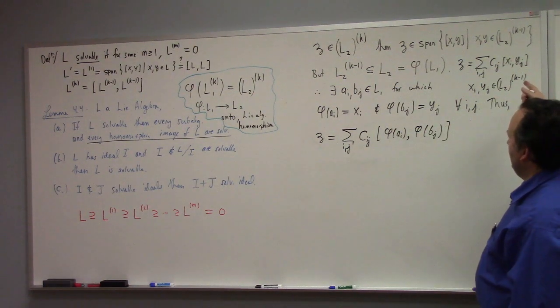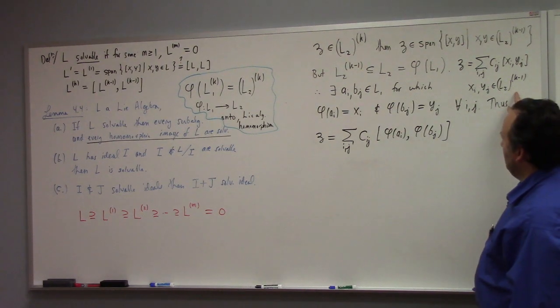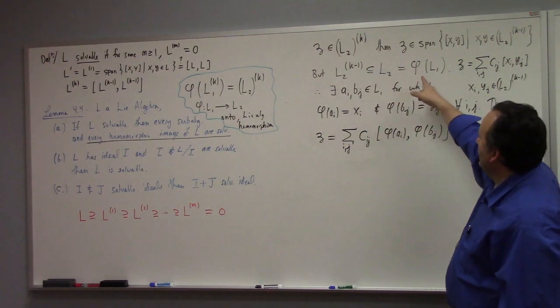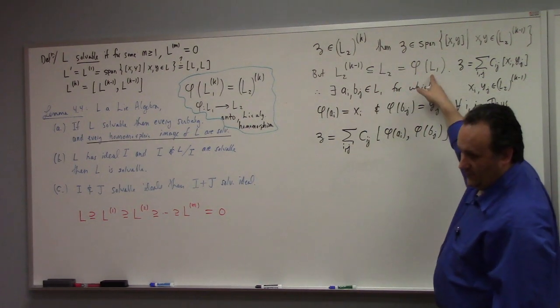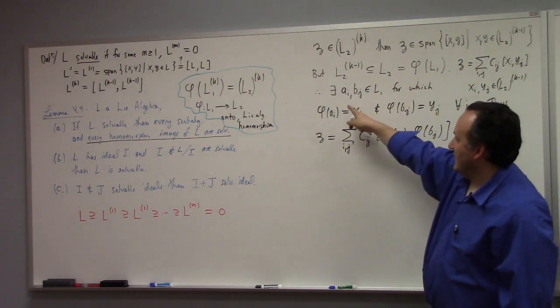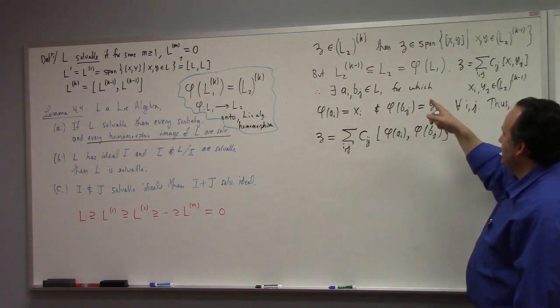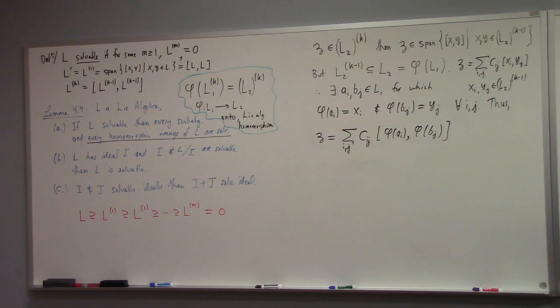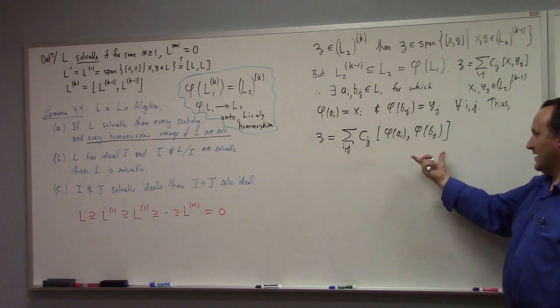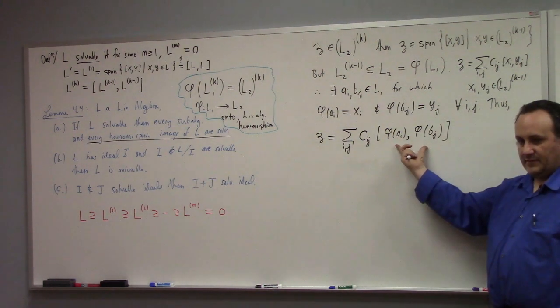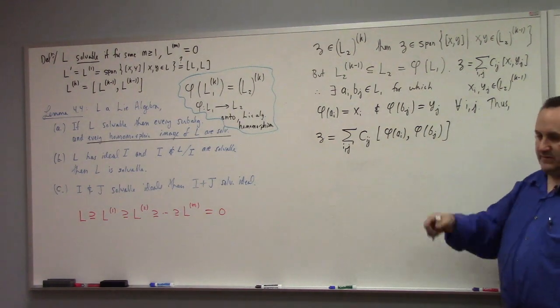But that is a subset of L2, right? And L2 is the image of L1 under phi, which means I can find a_i and b_j, which map respectively to x_i and y_j. So then I can write my z as a linear combination of the brackets of the images, right? But what else? So what's my next step, do you guys think?